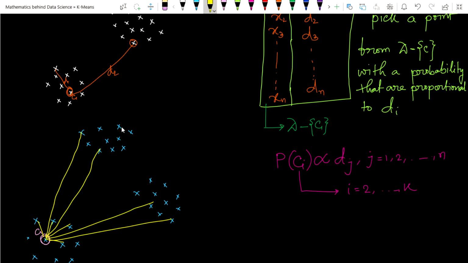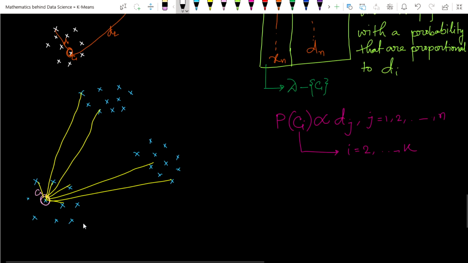It is a probabilistic approach, so the probability of picking a point in these nearby regions is low. There may be some little chance, but most of the chance lies on these regions.